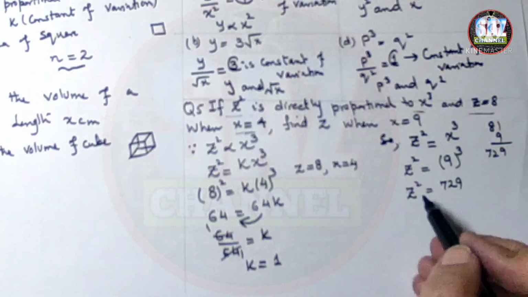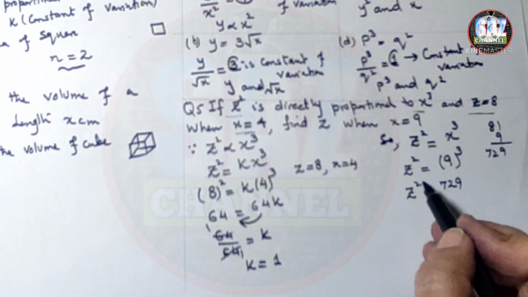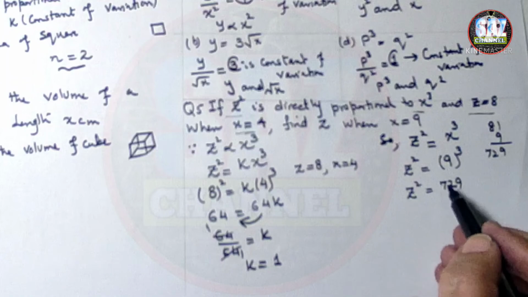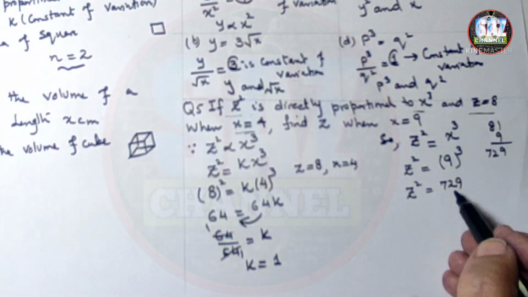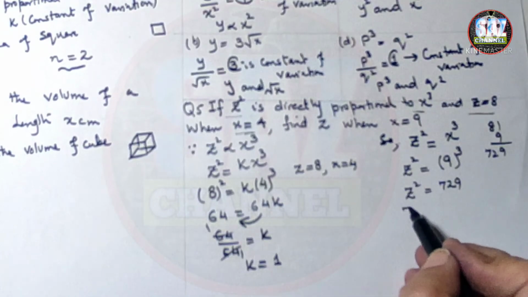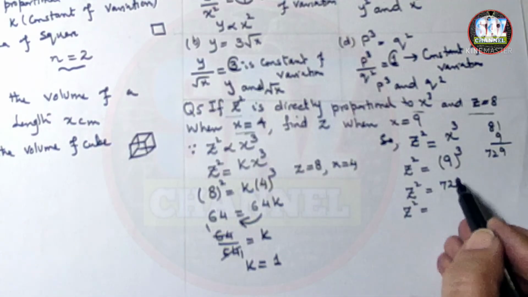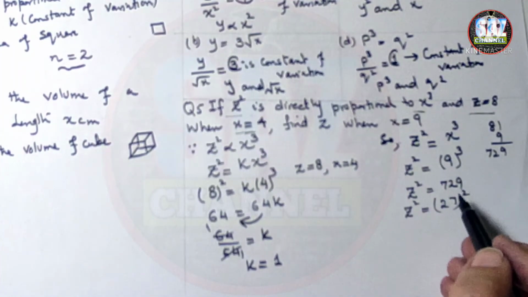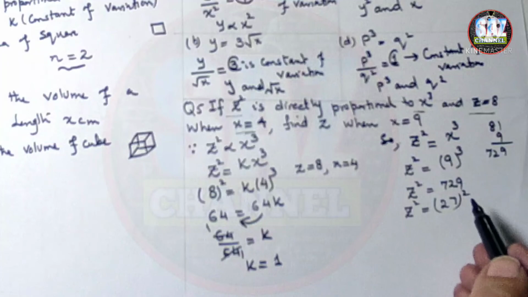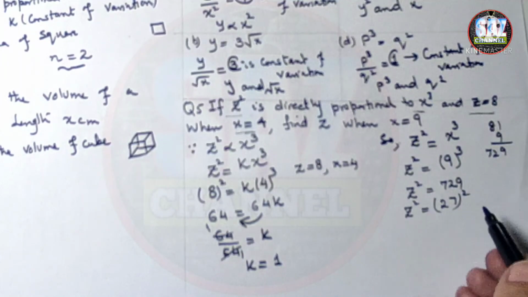For that purpose, I have to remove this square sign, and you know that we have to do the reverse process, so we take the square root on both sides. Think about the number whose square is 729. I hope that is 27 square. 27 multiplied by 27 gives me 729.